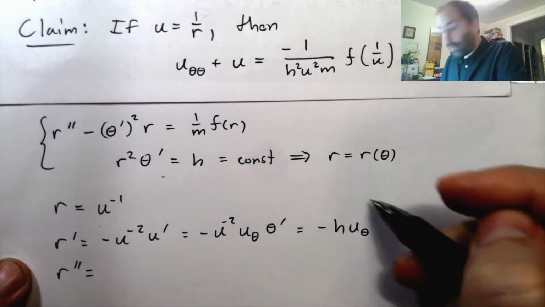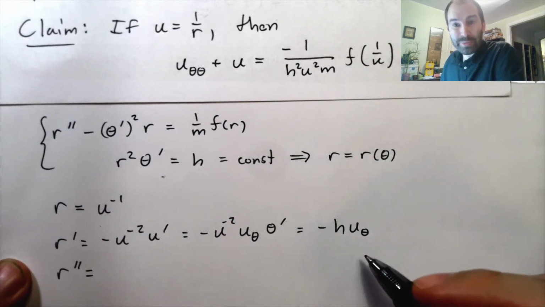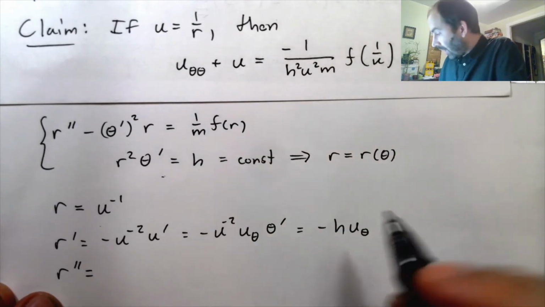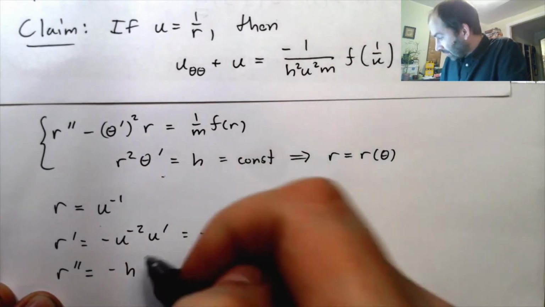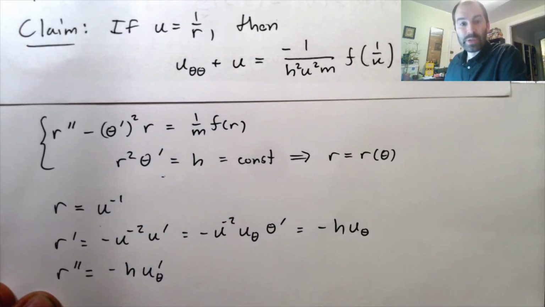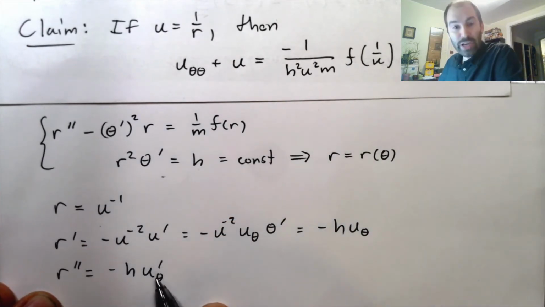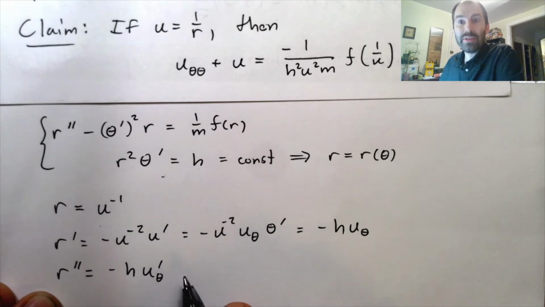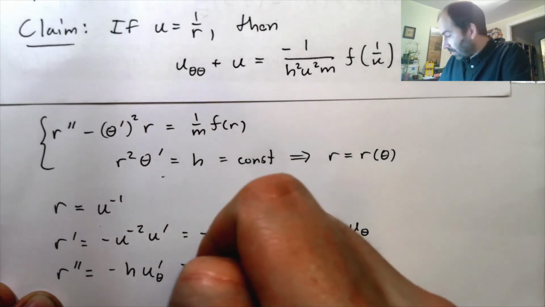Now let's compute the second derivative of r. Well, we'll just start from here. We got a nice simple expression here, so let's use that. h is a constant, so I'm just going to get this. But remember, we can use the chain rule again. The derivative with respect to time is the derivative with respect to theta times d theta dt.